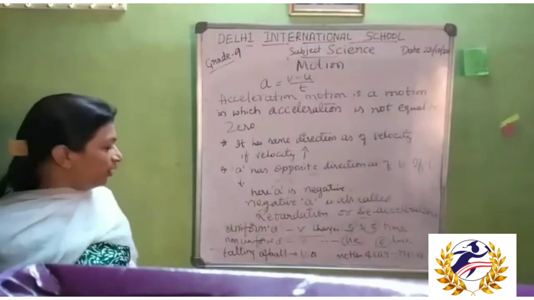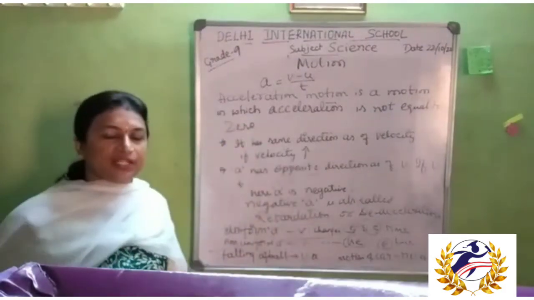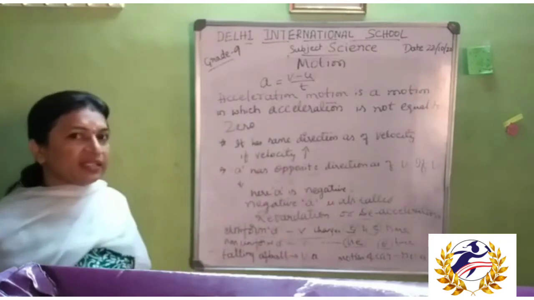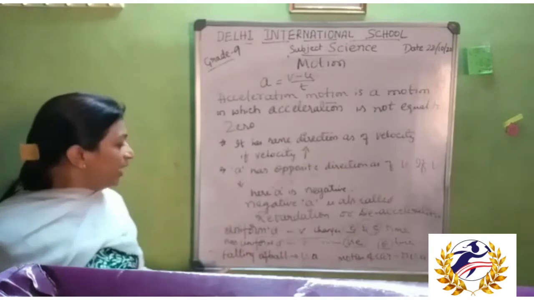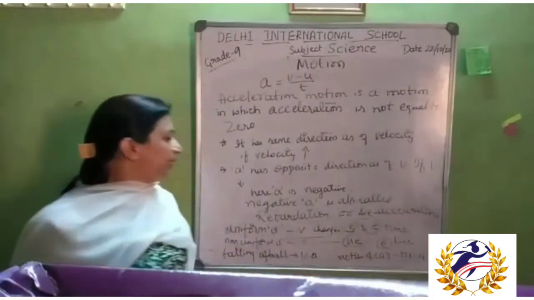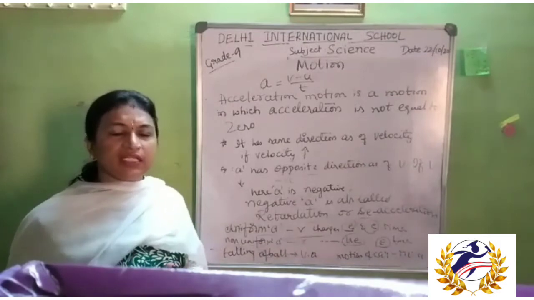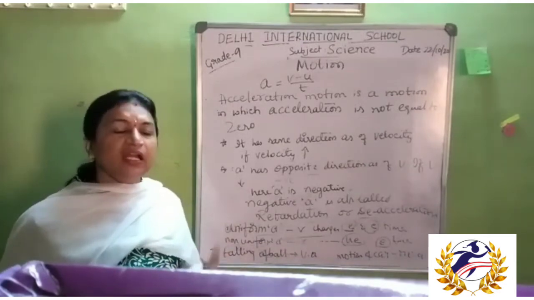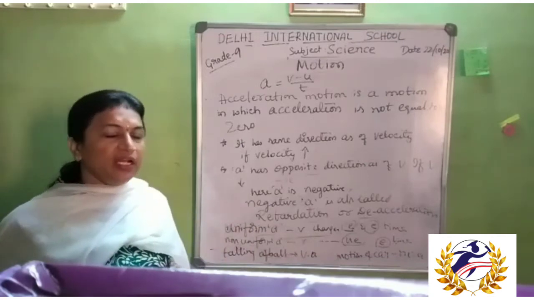For example, the falling of a ball follows uniform acceleration. It covers equal distance in equal intervals of time. Whereas non-uniform acceleration is like the motion of a car. When there is traffic, the velocity decreases, and when it is a vacant road, the velocity increases.